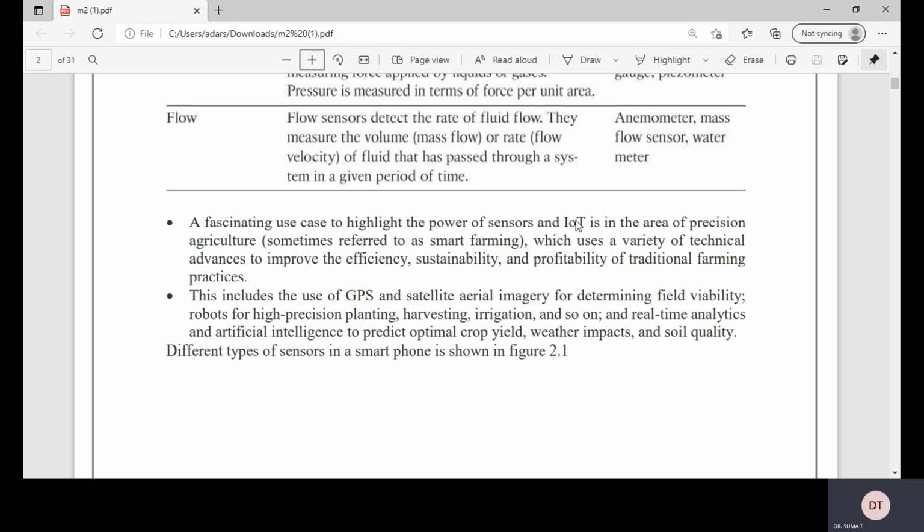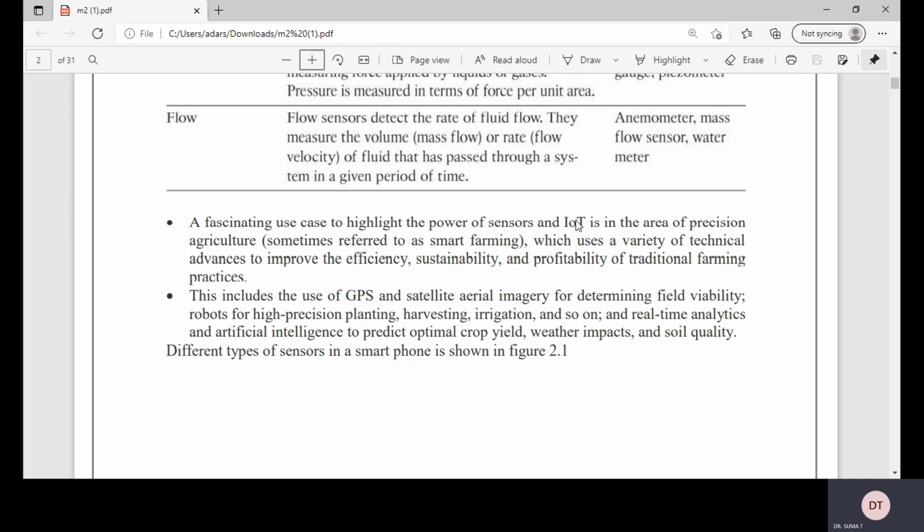Okay. The light sensor detects the presence of light, visible or invisible. Examples are infrared sensor, photo detector and flame detector. Another is the radiation sensor. Radiation sensors detect radiation in the environment. Radiation can be sensed by scintillating or ionization detectors.